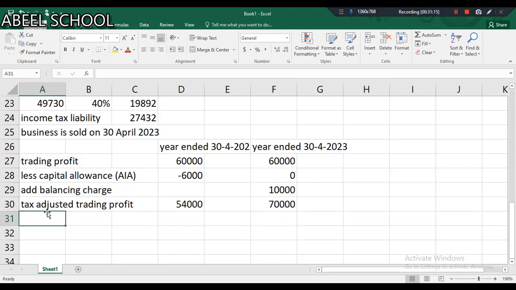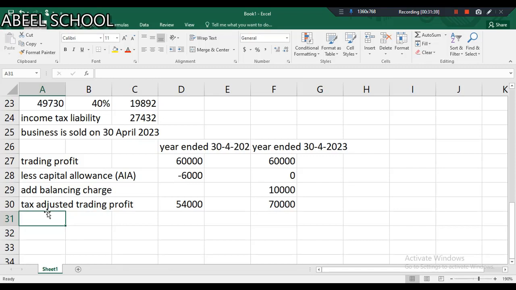Now we have to calculate income tax separately for 30th April 2022 and 30th April 2023 because both accounting ends are not falling in the same tax year. So we need to calculate tax separately. And overlapping profit will be deducted from the last profit, and the last profit is not 54,000, the last profit is 70.